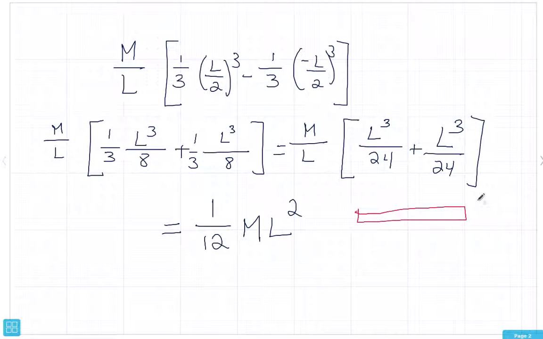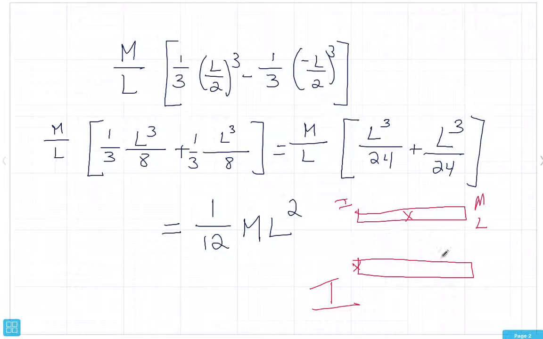If you have a rod of mass m and length L through the center, and that same rod rotating about the edge, in this case you would expect a larger value of I than here. You would have a smaller value of I here because so much of the mass is far away from the axis of rotation, and ultimately I is equal to the integral of r squared dm.